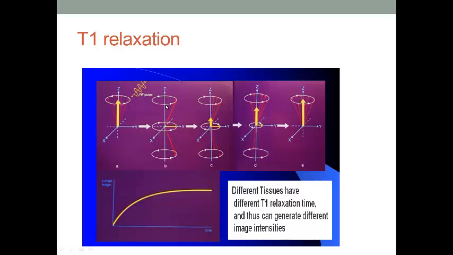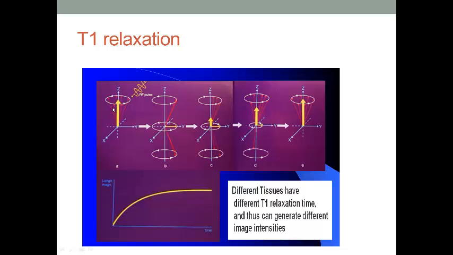If the energy is enough, then this yellow line will align with the y direction. The angle between the yellow line and z will be 0.